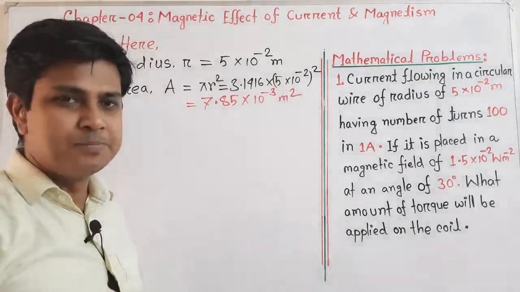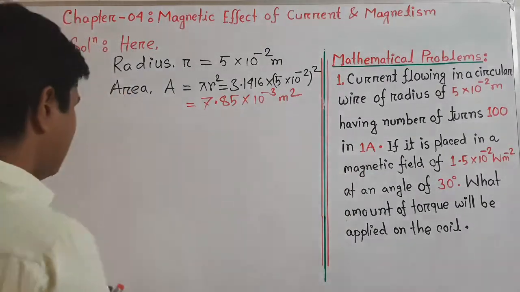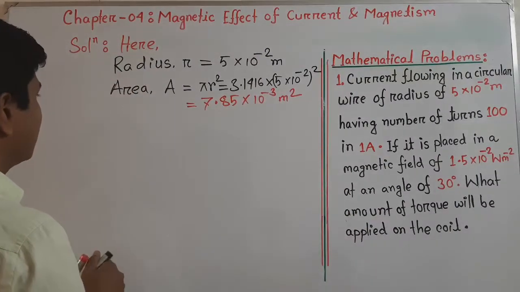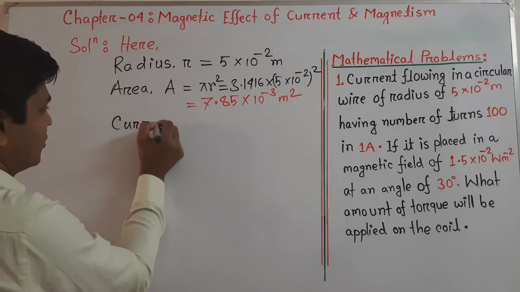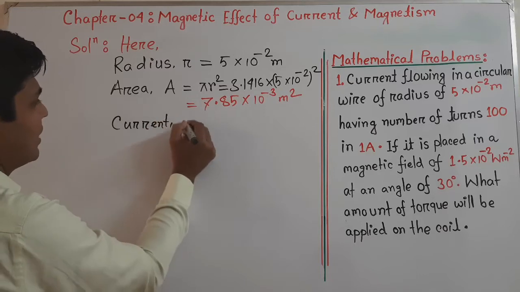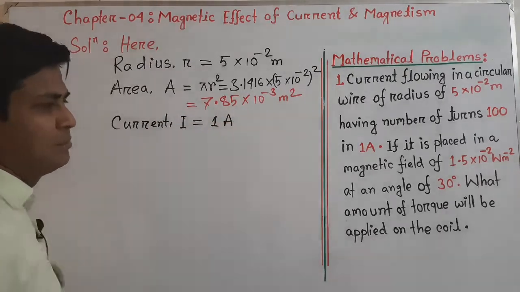This is the area. Now the current passing through the coil is given as 1 ampere. So we can write current, denoted by I, whose value is 1 ampere.